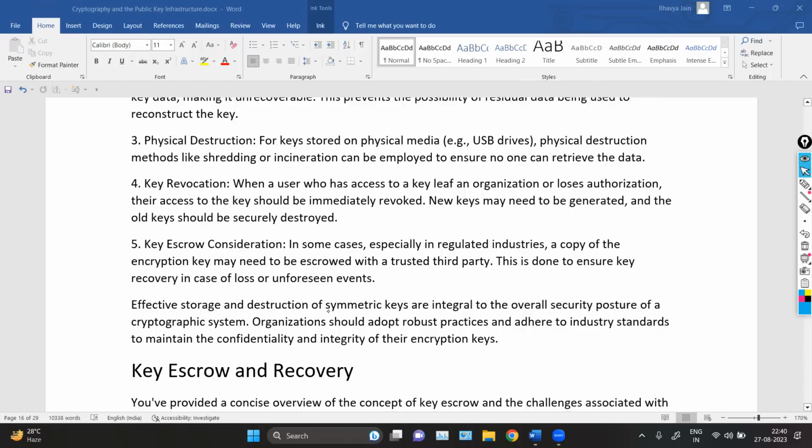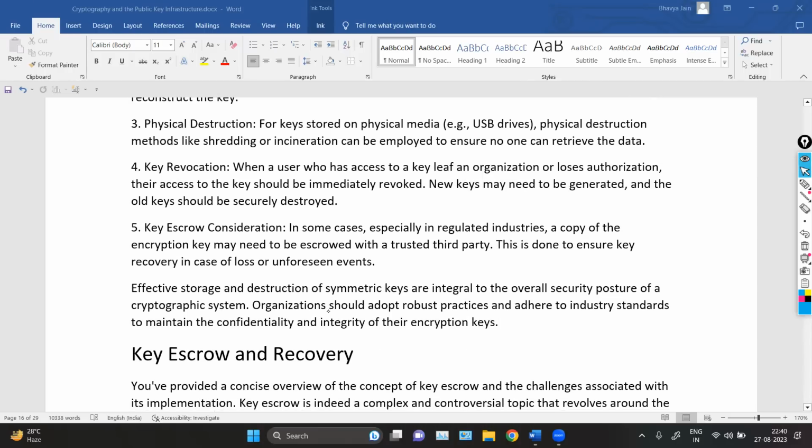Then we have key revocation, which is when a user who has access to a key leaves an organization or loses authorization, their access to the key should be immediately revoked. That is obvious. If any member of your group or of your company leaves the organization, then you should close the access. Okay, and new keys will need to be generated, and the old keys should be securely destroyed.